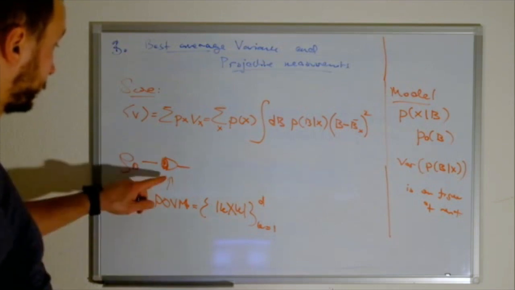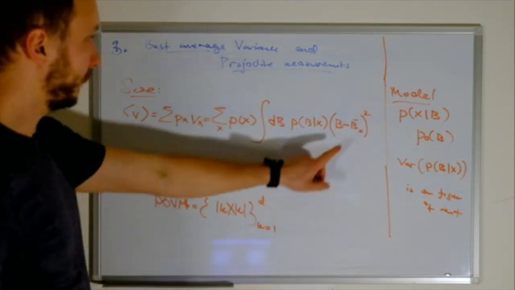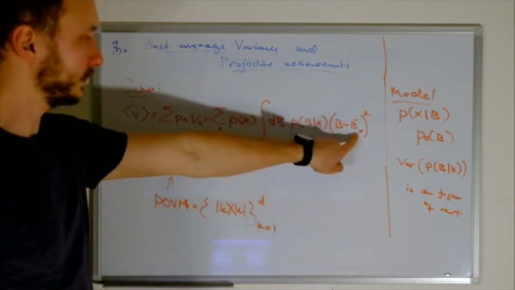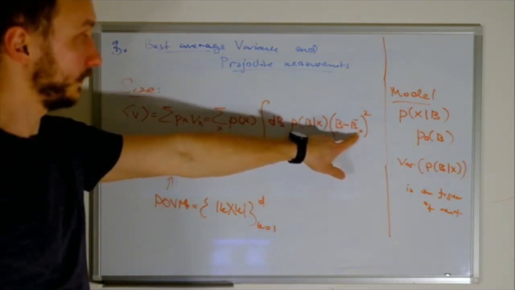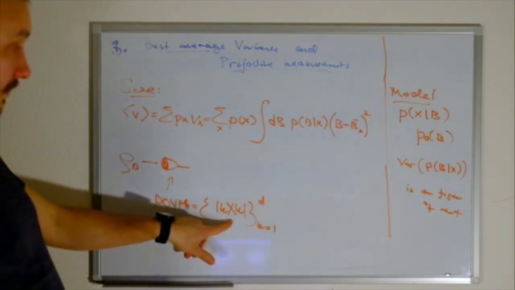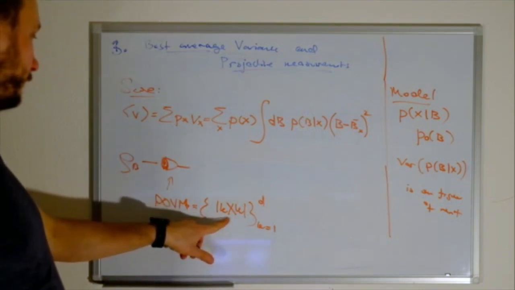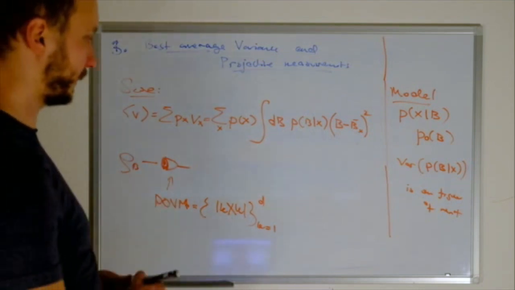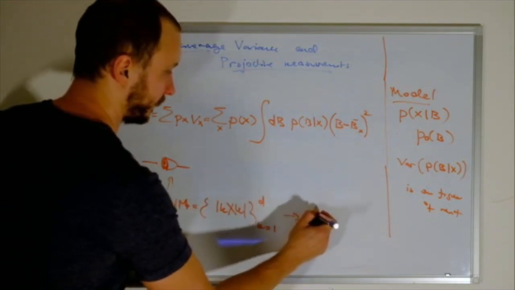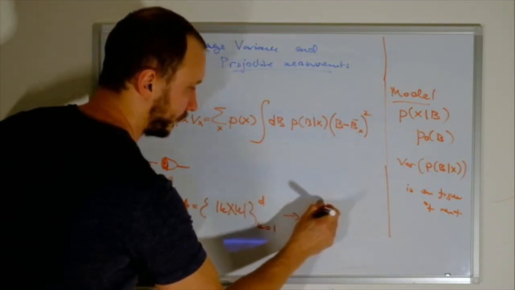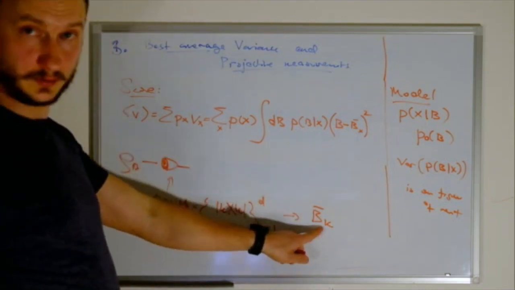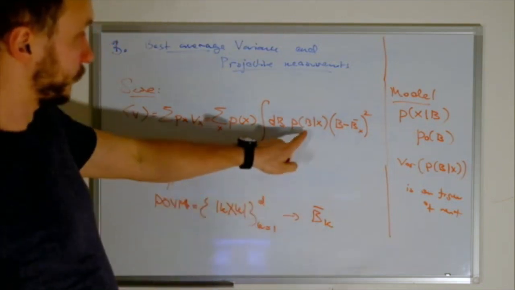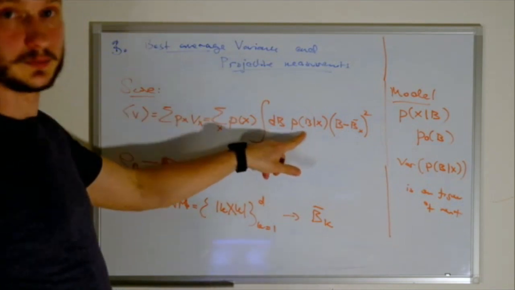So what happens there? Here Bx is the best estimator of B given the value x. Now the outcome of the measurement is labeled by k, so to each k we can again attribute the value bk in the same way. This is just a number, which in the best case will correspond to the average B of this probability distribution.